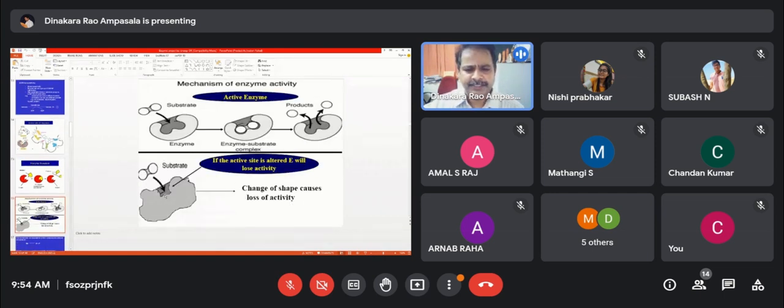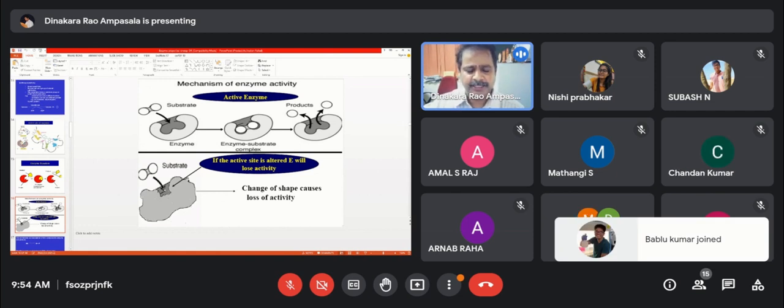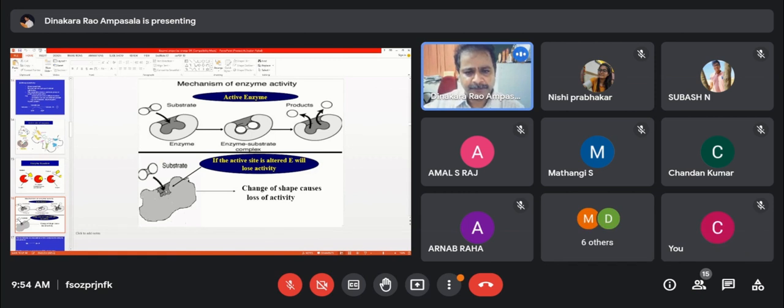So here you can see the enzyme active site. If you disturb the whole enzyme, if you make any changes to this structure, those changes may eventually change the active site structure also. Okay, so if the active site changes its structure, the protein may not interact with the substrate.